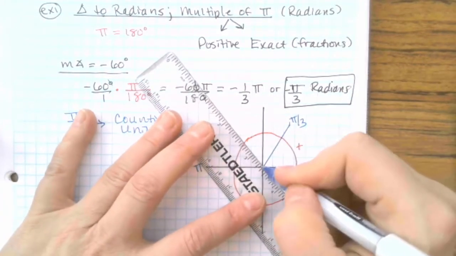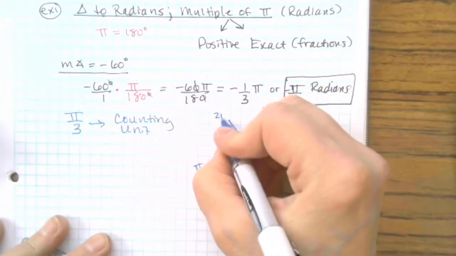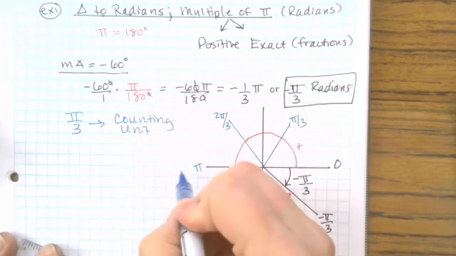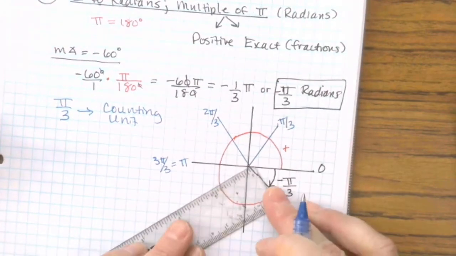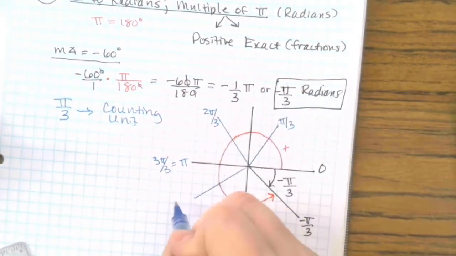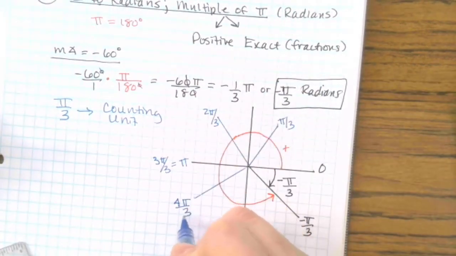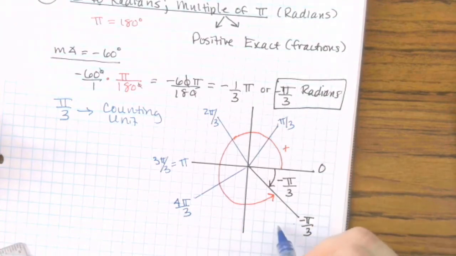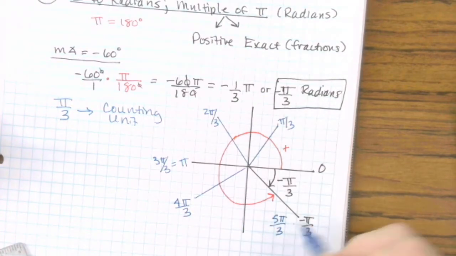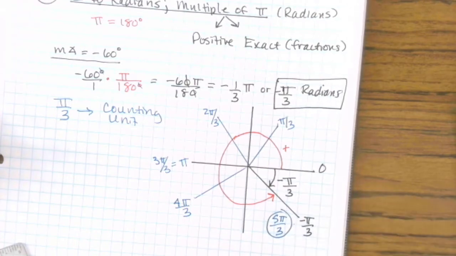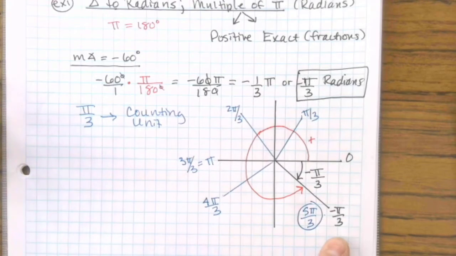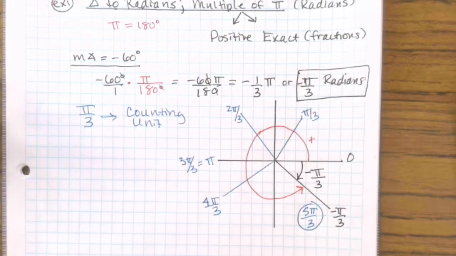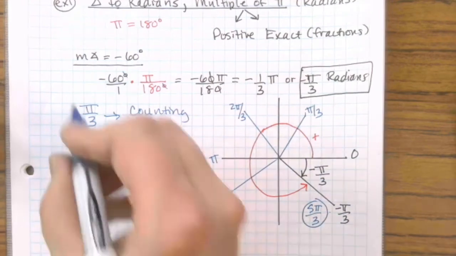This would be 2 pi over 3. This is 3 pi over 3, or just pi. And then we're going to keep counting by thirds. So this is 4 pi over 3, which means this one has to be 5 pi over 3. And that is our answer, because that is the same angle, except as a multiple of pi, positive and going by thirds. So I call these our little pinwheels.